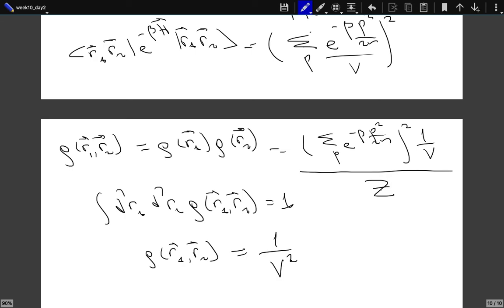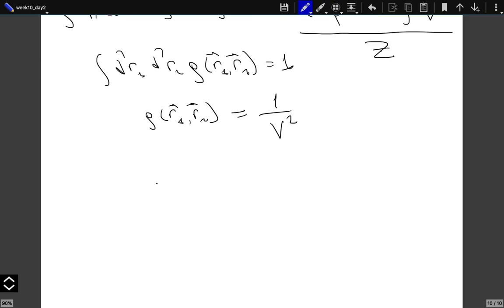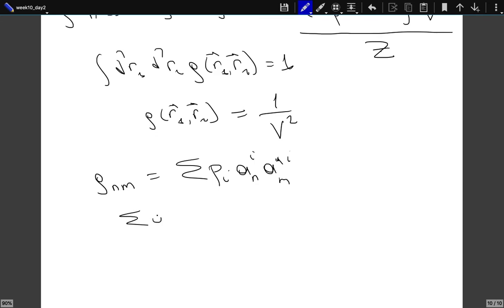Yes? Why don't we have primed coordinates? Well, you see, we talked about the density matrix. We said that rho_nm can be actually given as the sum over i of p_i a_n^i a_m^i star, where we are saying that my system is in this state psi_i with a probability p_i.